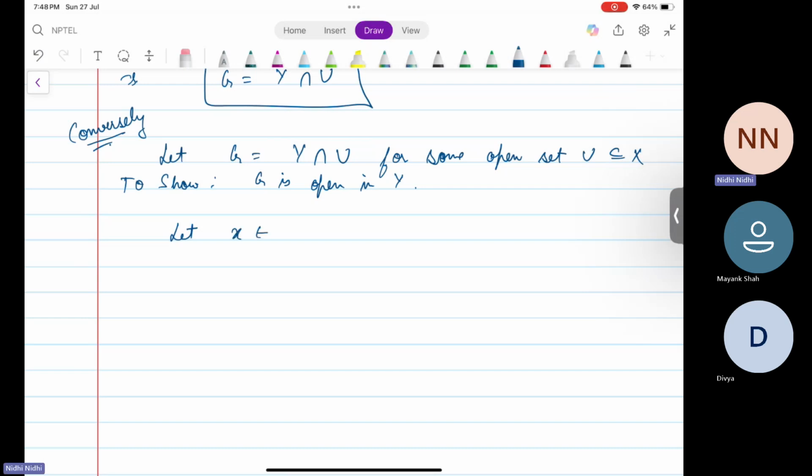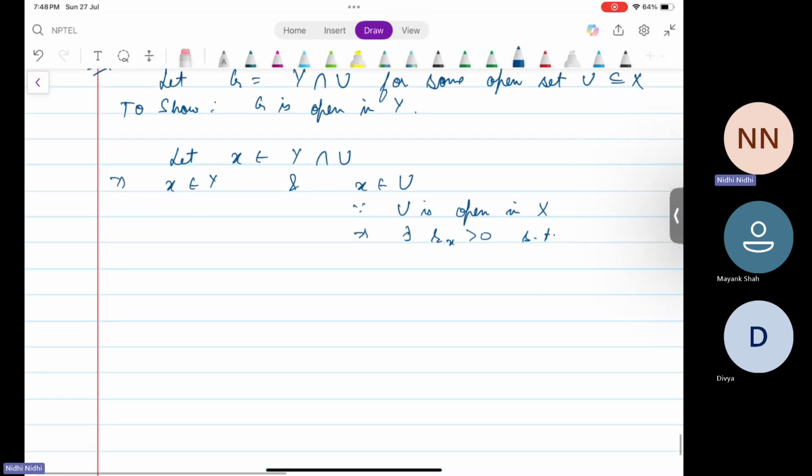let x belongs to Y intersection U. This implies x belongs to Y and x belongs to U. Now, since U is open in X, this implies there exists some Rx positive such that x belongs to the ball in X around x with radius Rx, which is contained in U. That's the definition of open set.